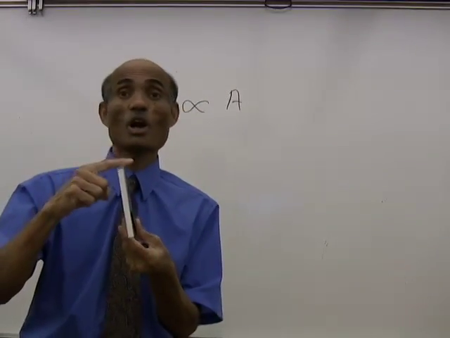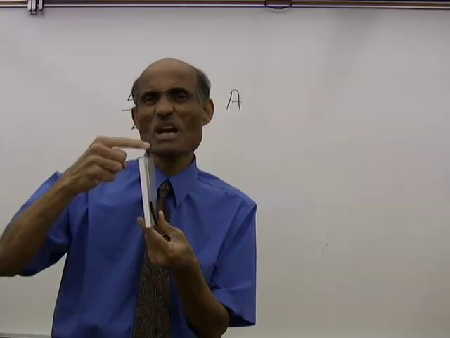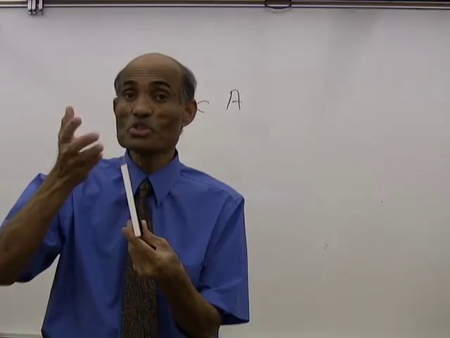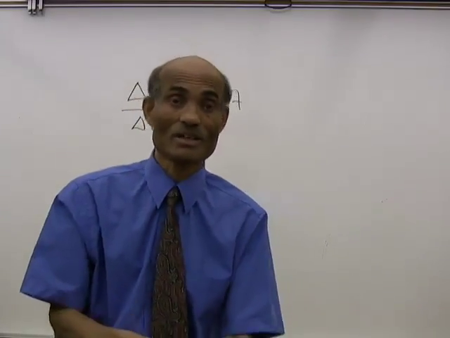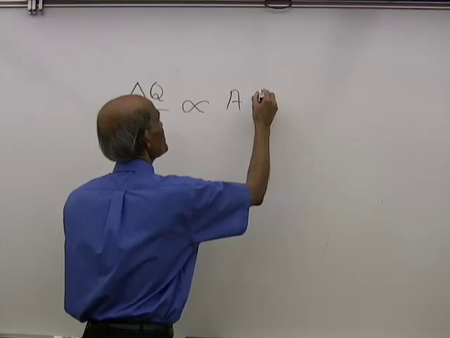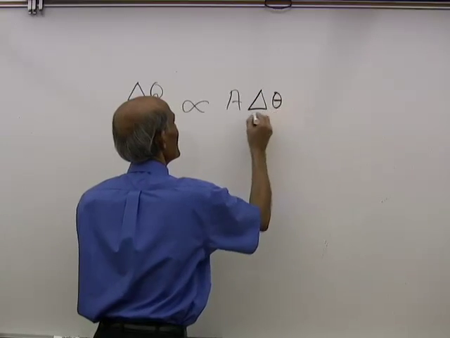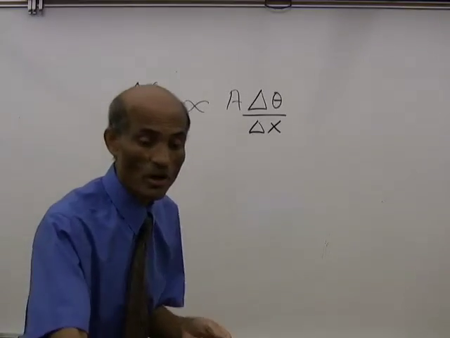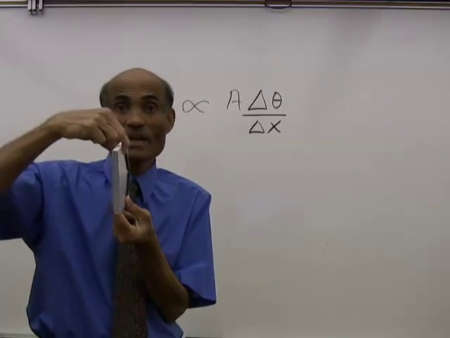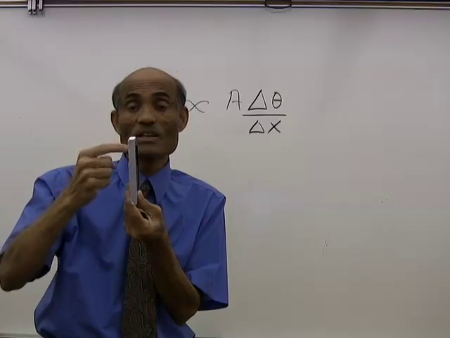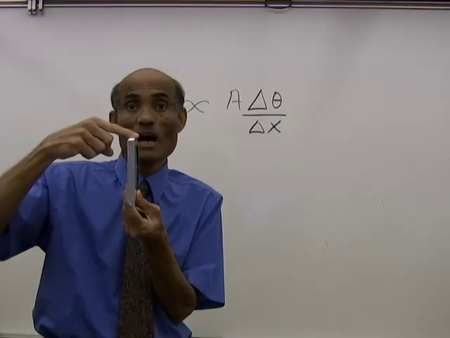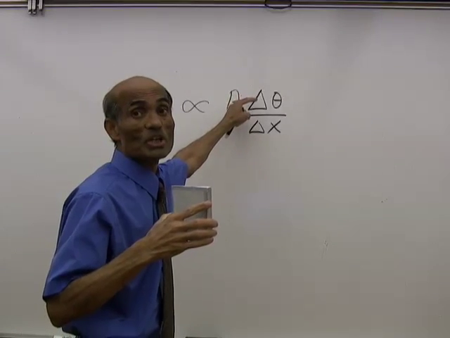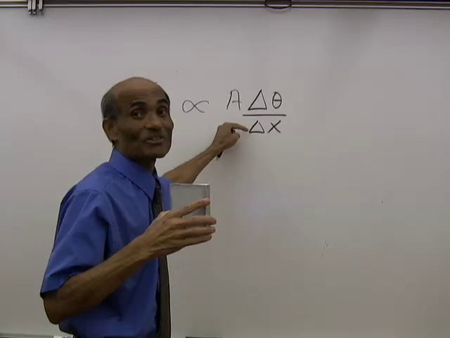Another factor on which it depends is called the temperature gradient. In other words, the fall in temperature per unit length. If delta theta is the difference in temperature and delta x is the thickness, then the temperature gradient will be delta theta divided by delta x.